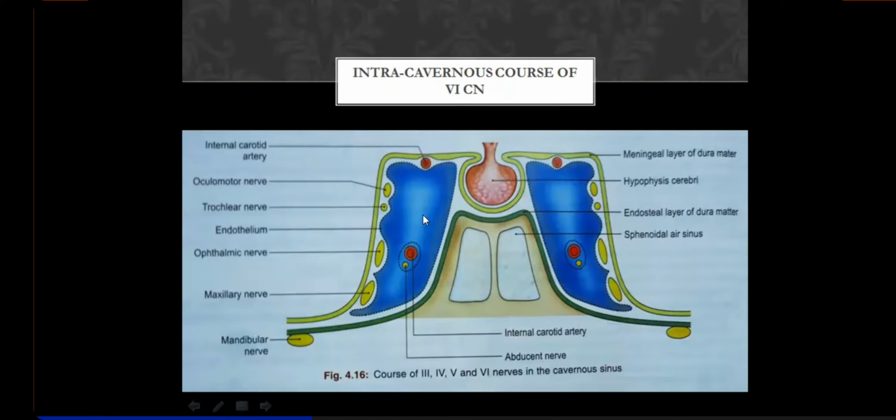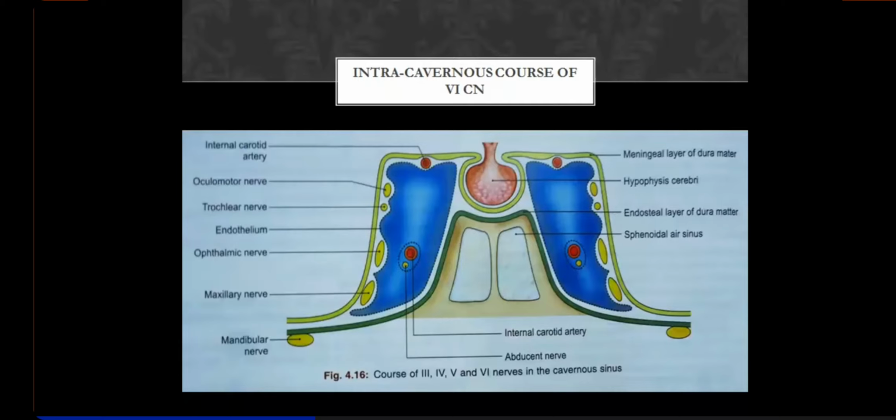By the way, just for revision, this relation, infralateral, has been used many times. Infralateral has been used twice with the abducent nerve. Okay, I'll tell you, this relation has again been repeated in the orbit, so I'll be telling you again.